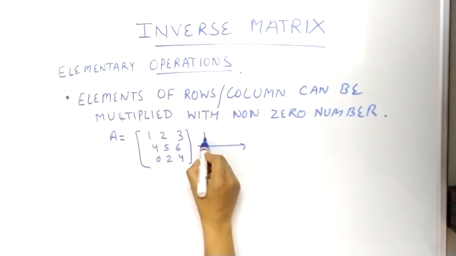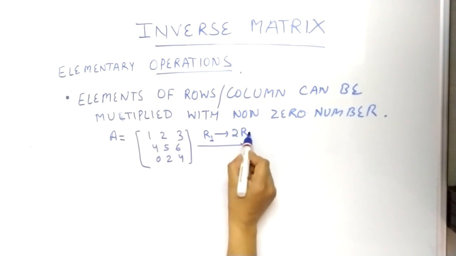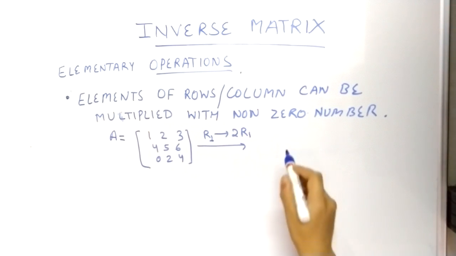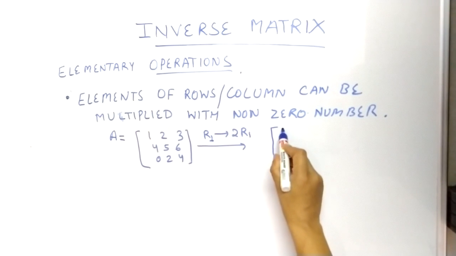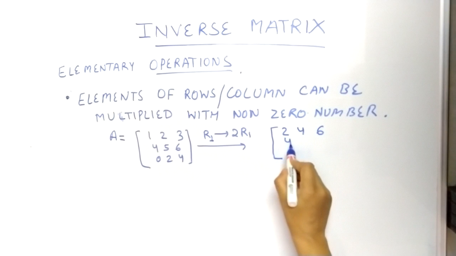Here I'm replacing R1 with twice of R1. So I have multiplied R1 with 2, and 2 is a non-zero number. After doing this change, the first row will be multiplied by 2, so it will be 2 4 6, and the other rows will remain the same.